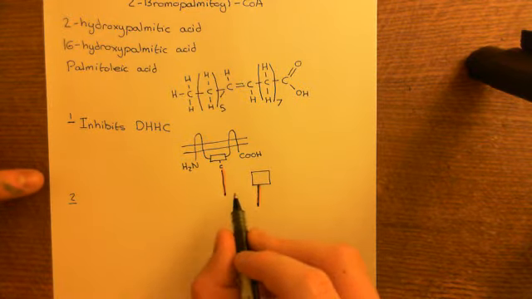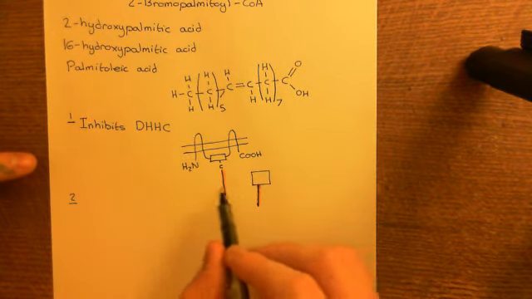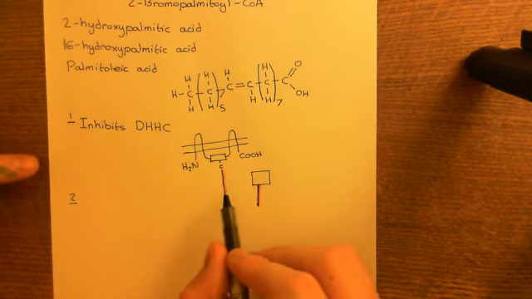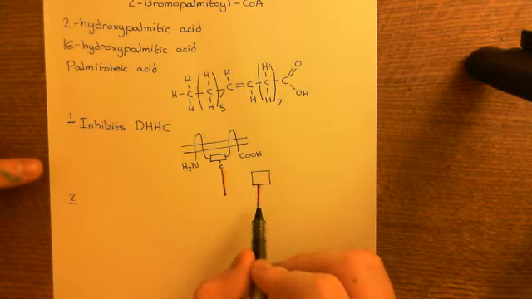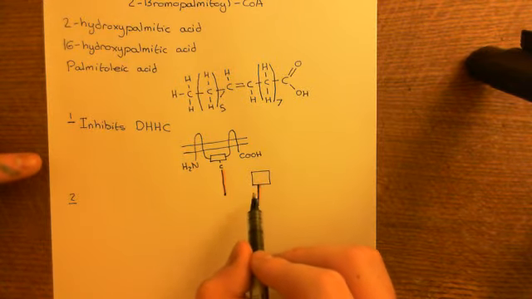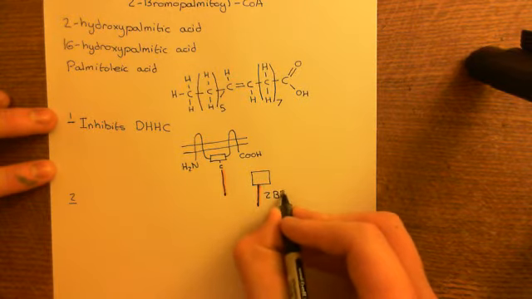So effectively, when you put a huge amount of 2-bromopalmitic acid into the cell, all of the palmitoylation occurs with 2-bromopalmitic acid rather than normal palmitic acid. So all of your proteins get 2-bromopalmitic acid added onto them instead.